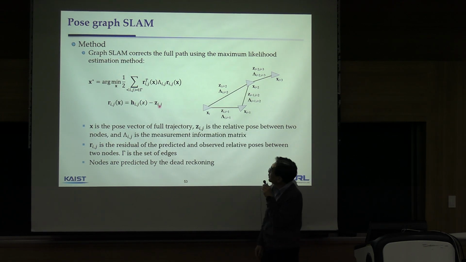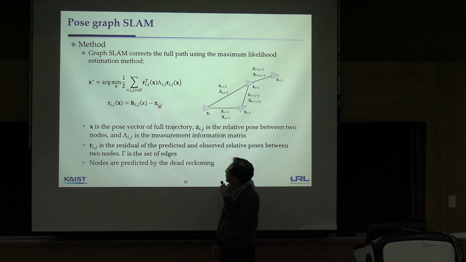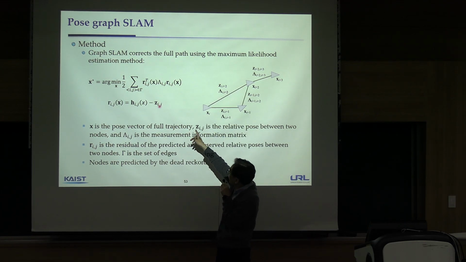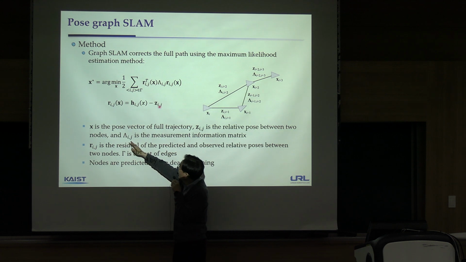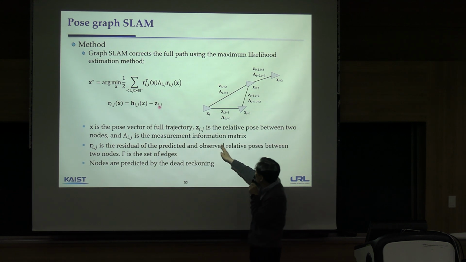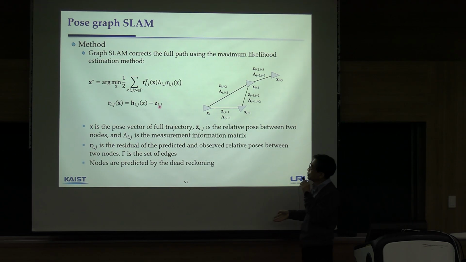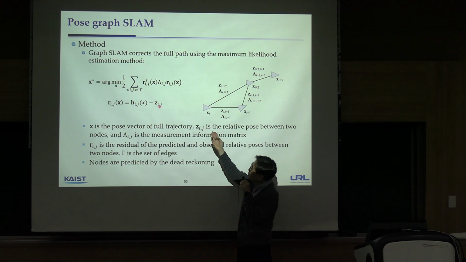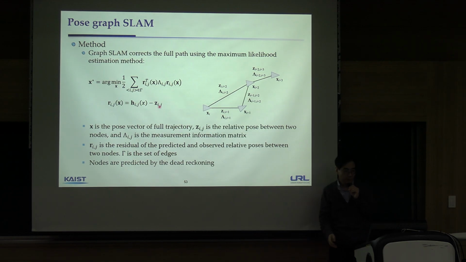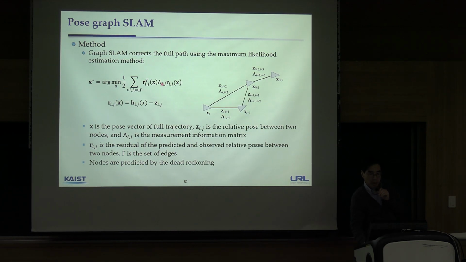And we also use the large lambda i. This is the measurement information matrix. This is the inverse of the covariance matrix. So we utilize that matrix, R transpose lambda R, because we have to consider the covariance.